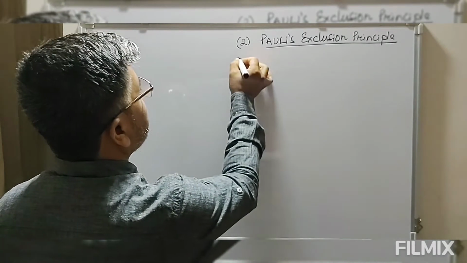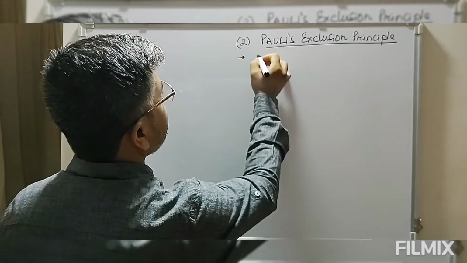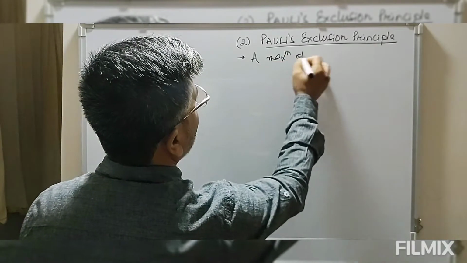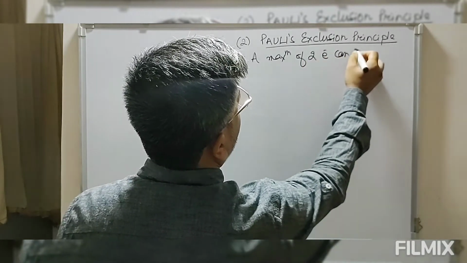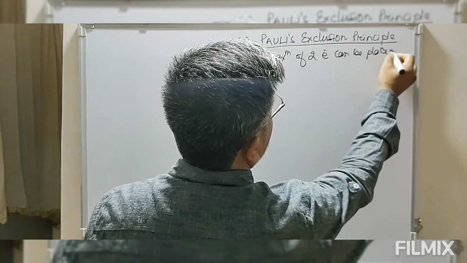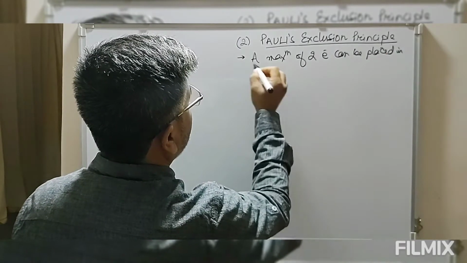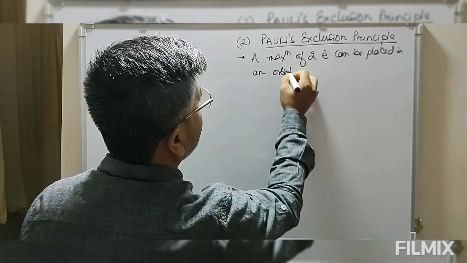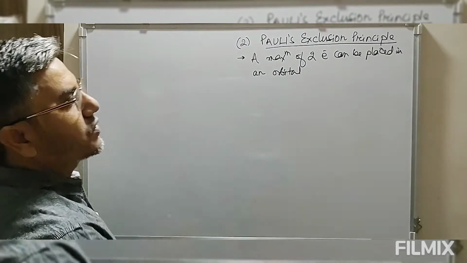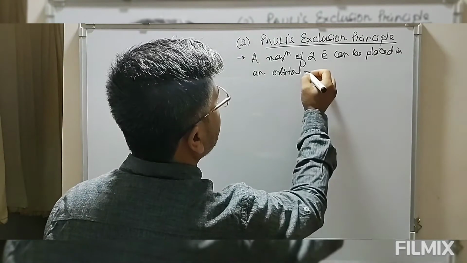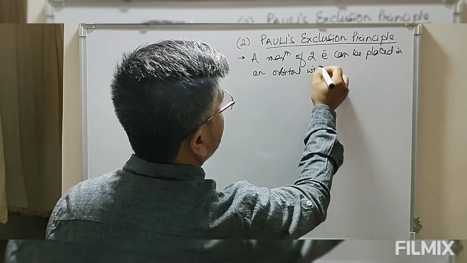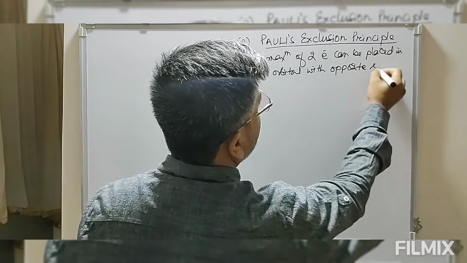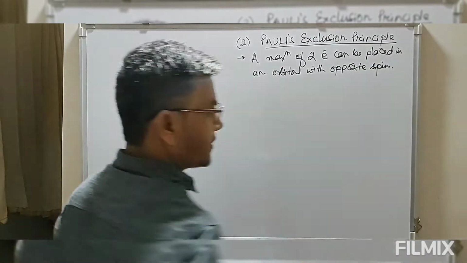So the statement is: a maximum of 2 electrons can be placed in an orbital with opposite spin.